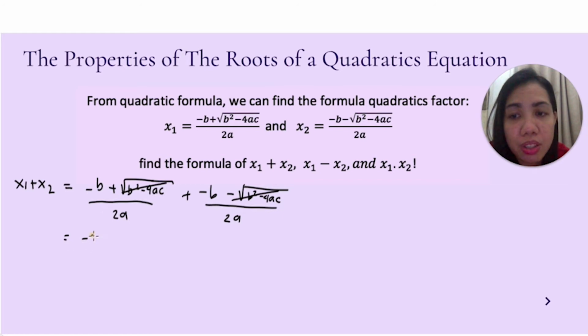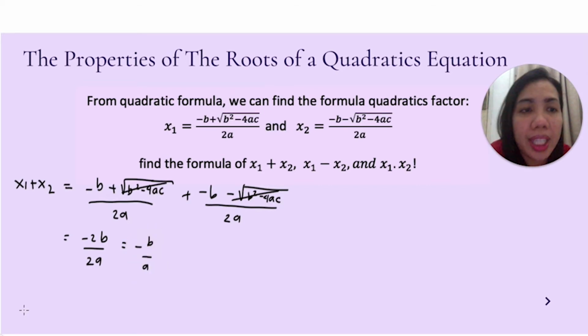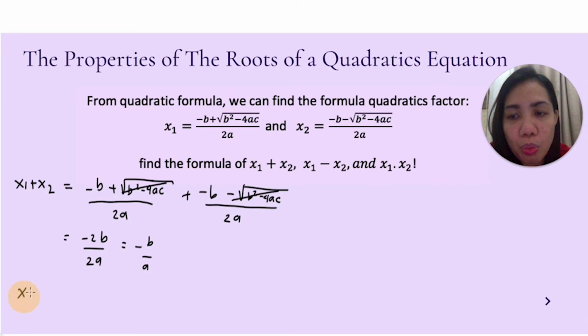We have minus 2b over 2a. So we can simplify this by dividing the numerator and the denominator by 2. So we'll have here minus b over a. And here we have x1 plus x2 equals minus b over a.